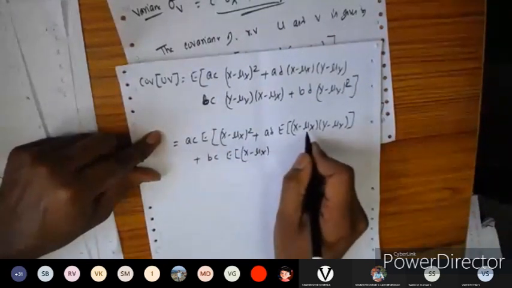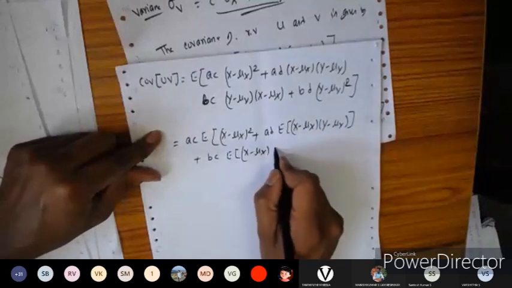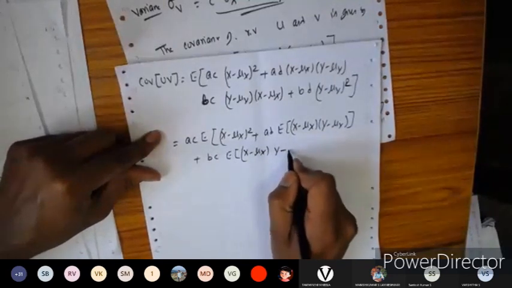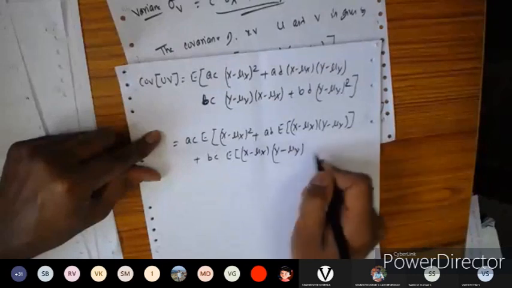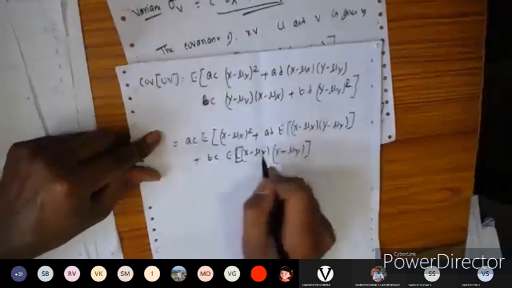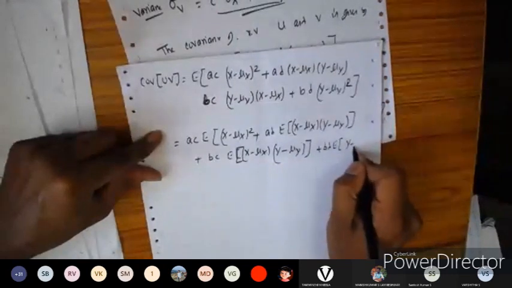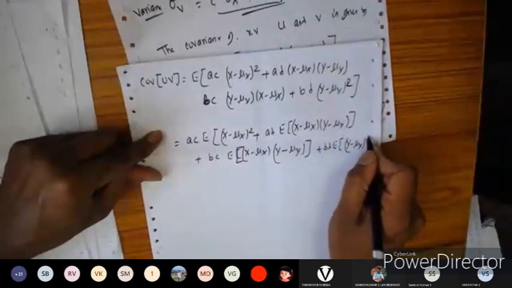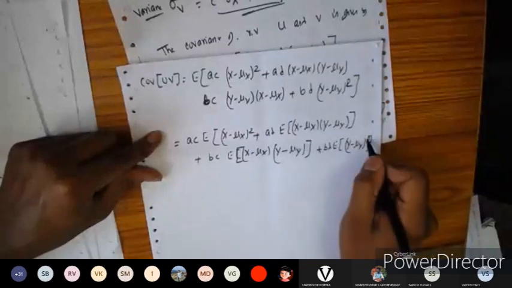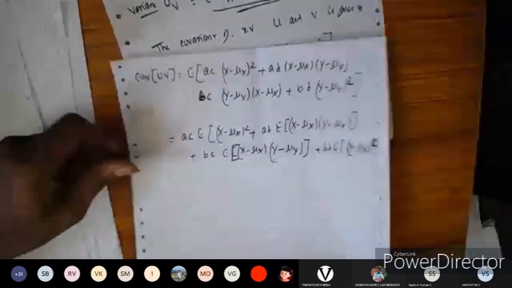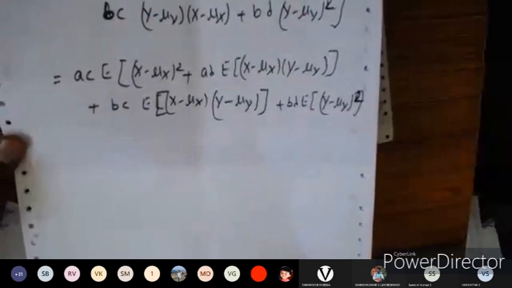Let us group these terms together: AD plus BC. Plus B into D into the expectation of (y − νy) the whole square.